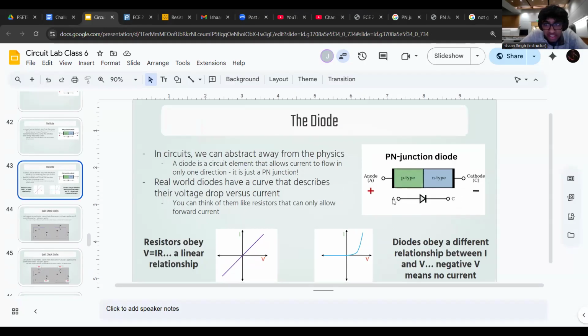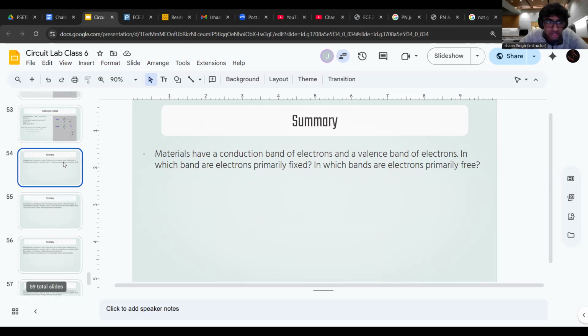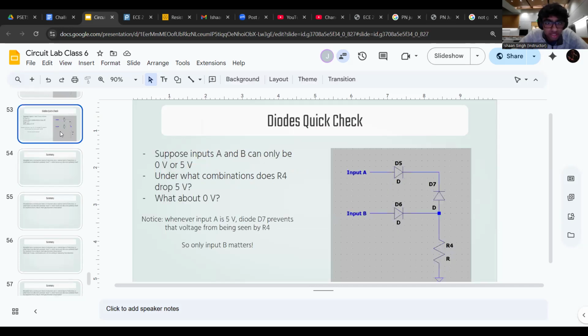For a diode, if I send in 0, I get out 0. If I send in 1, I get out 1. I don't have any way of sending in 1 and getting out 0, or sending in 0 and getting out 1. I can't make a NOT gate with just diodes. So, as we'll see on Monday, the solution to that is transistors. Transistors solve that problem for us.